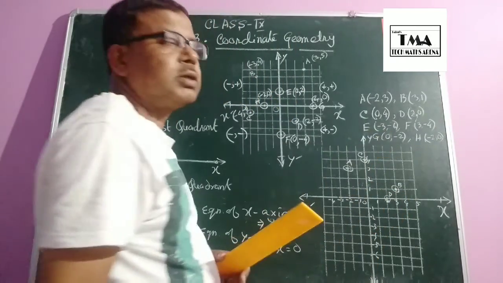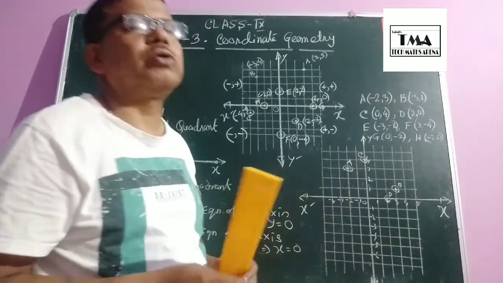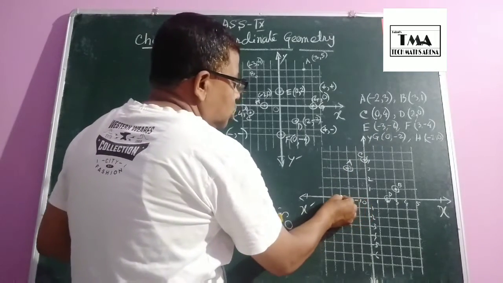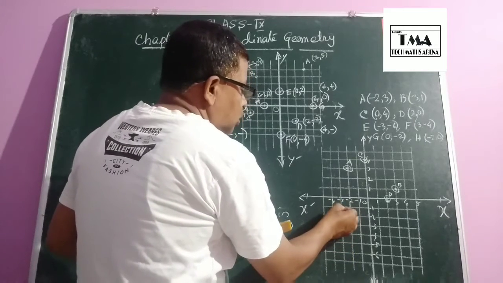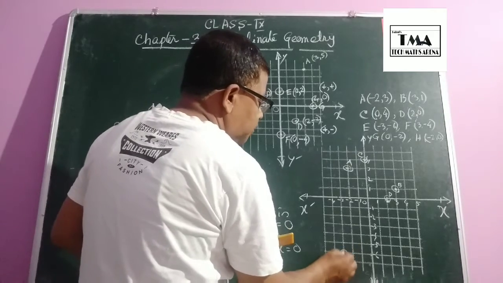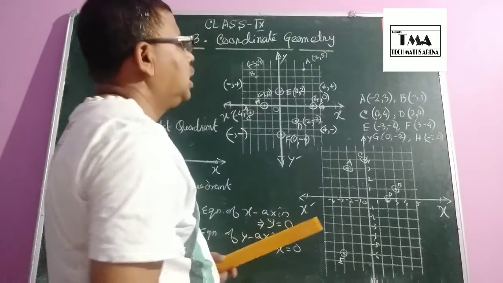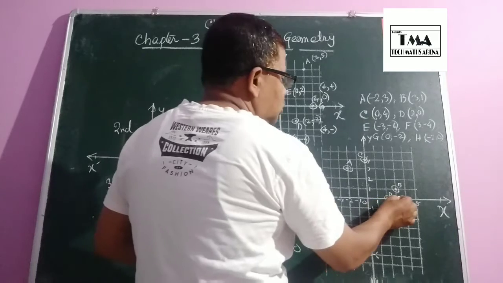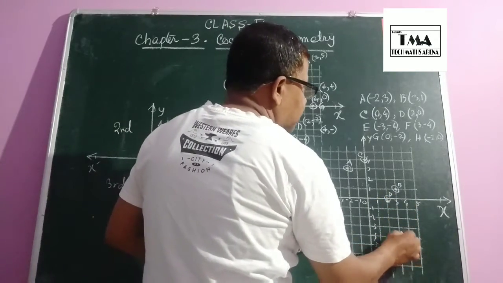And E is (-3, -6). Both are negative, so it will lie in the third quadrant. Minus 3: 1, 2, 3, then minus 6 downward: 1, 2, 3, 4, 5, 6. This point is E. Then F is (3, -4): 1, 2, 3, then minus 4: 1, 2, 3, 4.